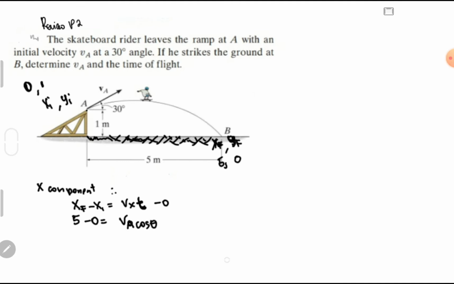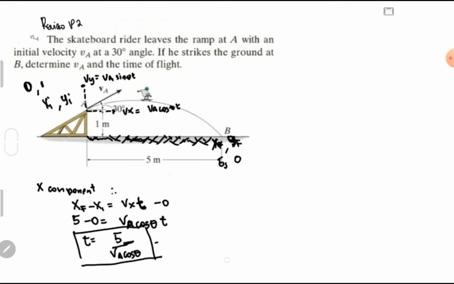Don't forget that you would consider this as your vx and this is your vy, wherein vx is equal to va cosine theta and vy is equal to va sine theta. It's just a breakdown of your va. So va cosine theta multiplied by t, and our t is equal to 5 all over va cosine theta, which is your equation 1.